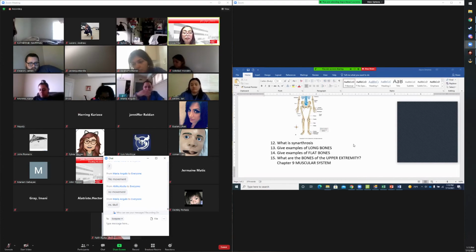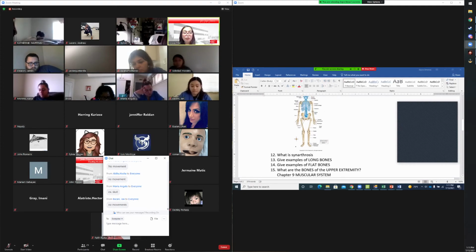Long bones. Look at the picture. What are your long bones here? Tibia, fibula, femur, humerus, radius, ulna.